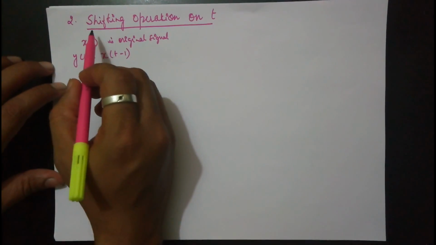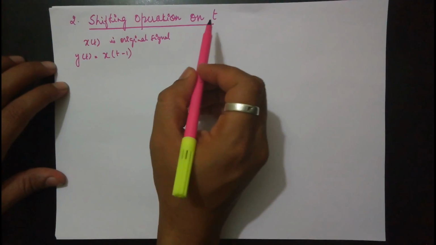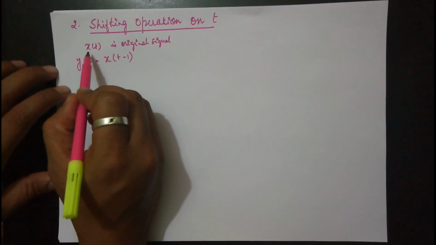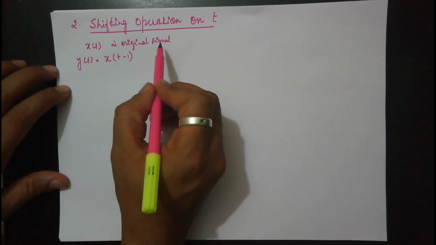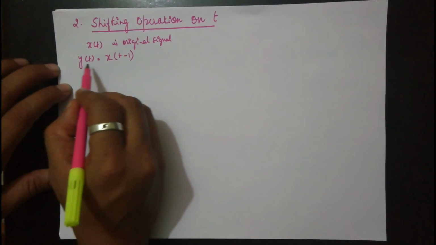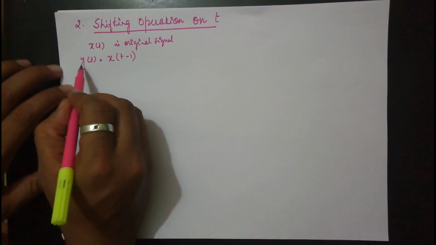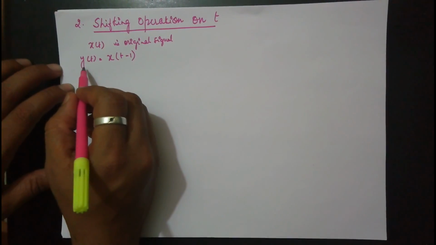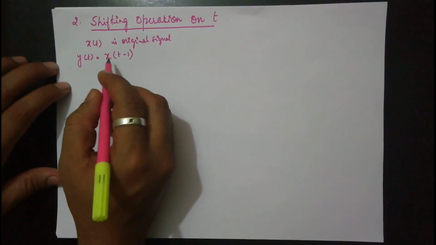Now the second operation that can be performed on independent variable t is the shifting operation. Now if I take x of t as my original signal, the shifted version of it, I'll represent it as y of t. Now how do I plot y of t given x of t?